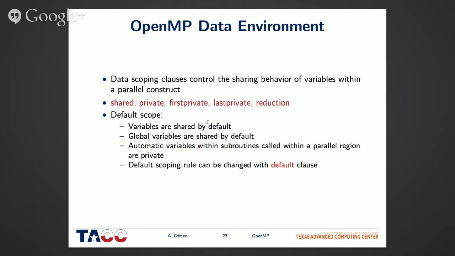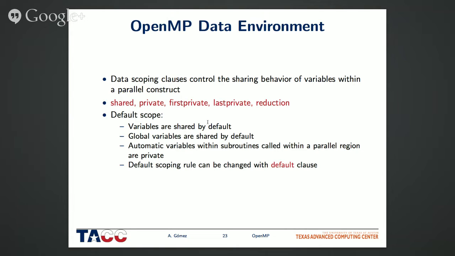The default clause is very interesting because it allows you to say, hey, forget about defaults. I can say default none. Once I do default none, you have to specify the scope of each single variable that is going to be accessed by the threads.